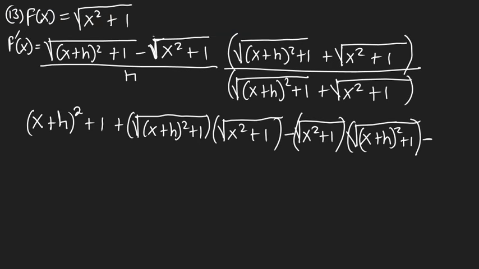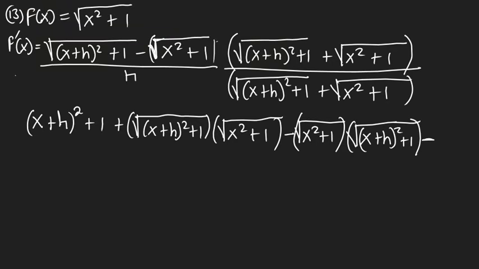Then you multiply square root of x to the power 2 plus 1 multiplied by square root of x to the power 2, sorry, plus 1. It's going to be a minus because this and this is multiplying. Yes.